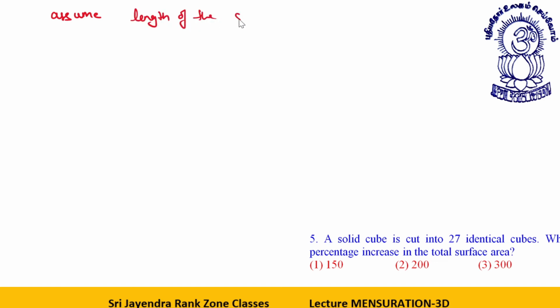Let's say I am a novice, I don't know about mathematics, I'll take it A. But since considering that the number 27 is 3 cube, I assume it to be 3A.